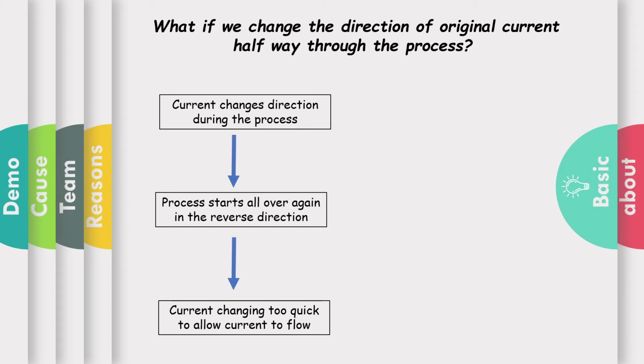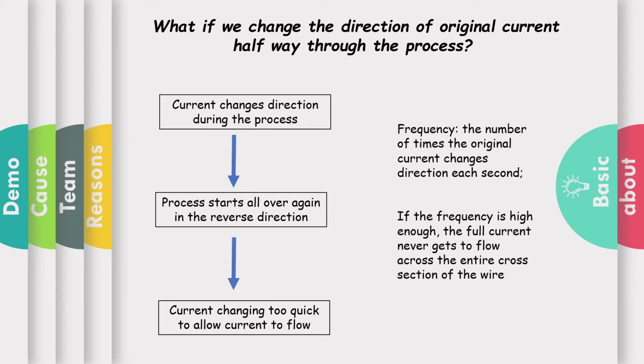But all of those things are happening in the reverse direction. So the number of times the original currents change direction each second is called frequency. If the frequency is high enough, which means we change the direction of current so quickly that no current will be allowed to flow through the wire. In this way, the frequency must be super high, crazily high, which is impossible in our real life.